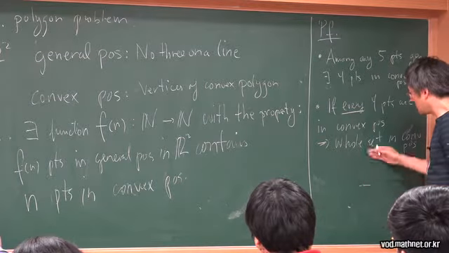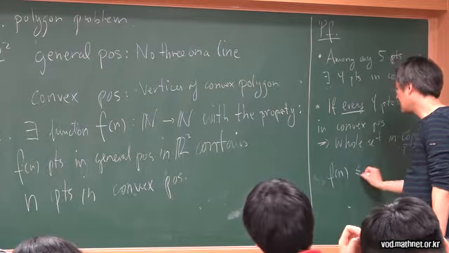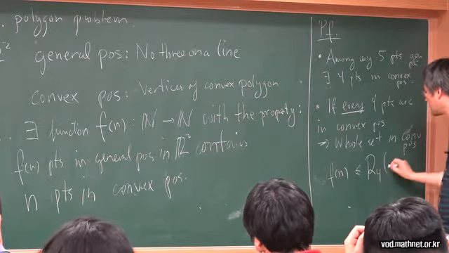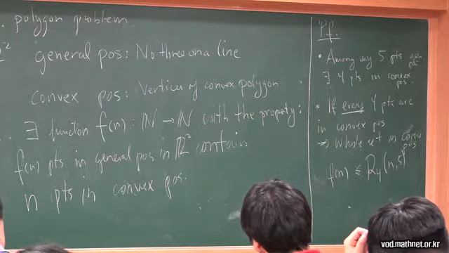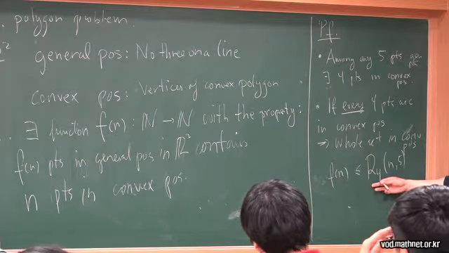Now, with these 2 facts, I can immediately say that f of n is at most something called the Ramsey number R(4,5). Now what does this mean? So this is one of the basic numbers of Ramsey theory.